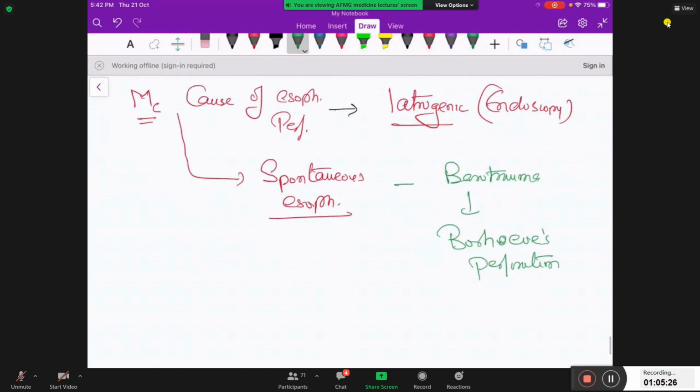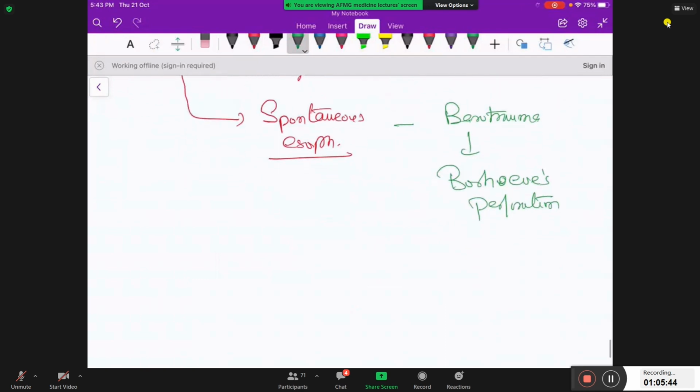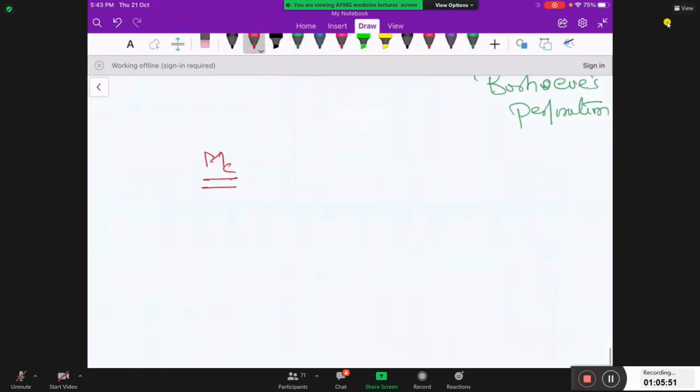We will be talking about it. So the most common cause of esophageal perforation is iatrogenic, mostly endoscopy, but the most common cause of spontaneous esophageal perforation is barotrauma. Now, according to your understanding, how should a patient of esophageal perforation come to us?